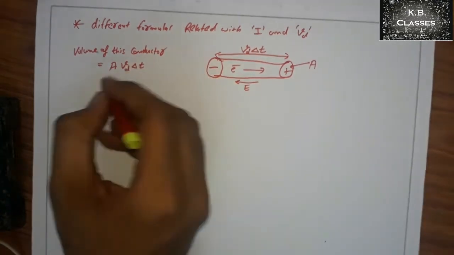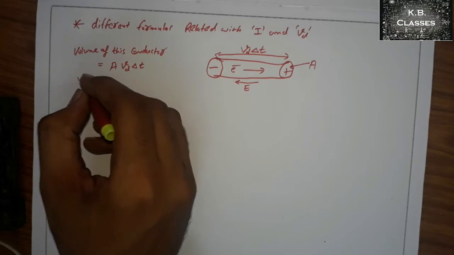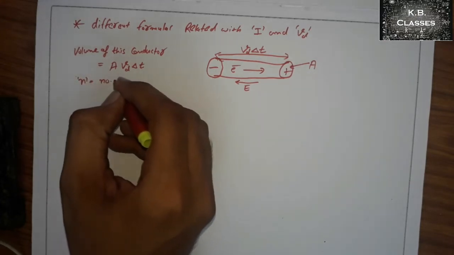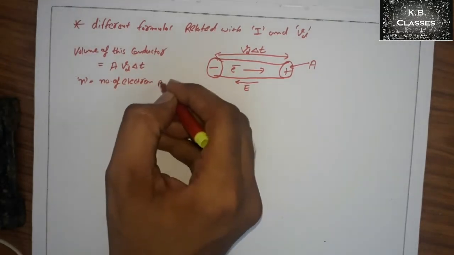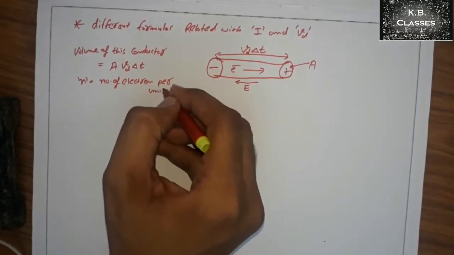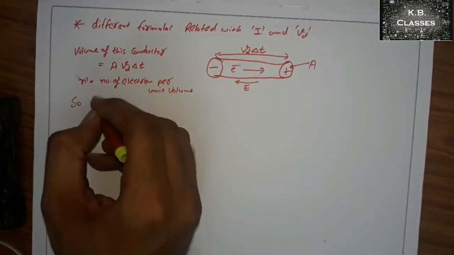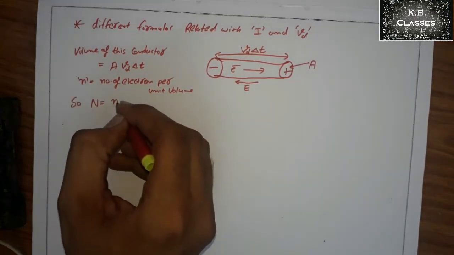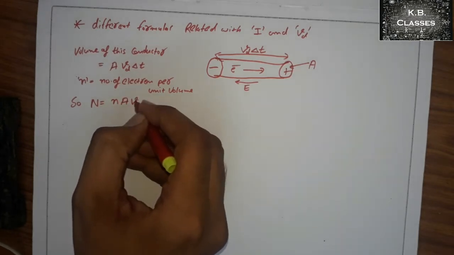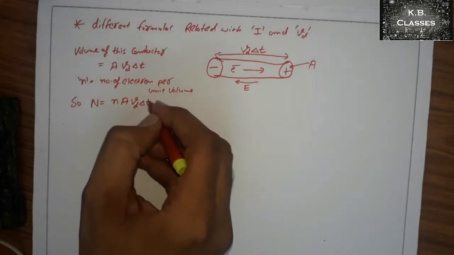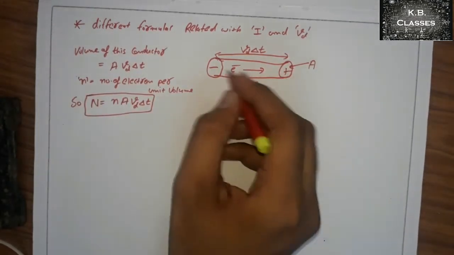Further, assume n here is the number of electrons per unit volume. So the total number of electrons is n multiplied with A Vd delta t. This is the total number of electrons which is present in this metallic conductor.